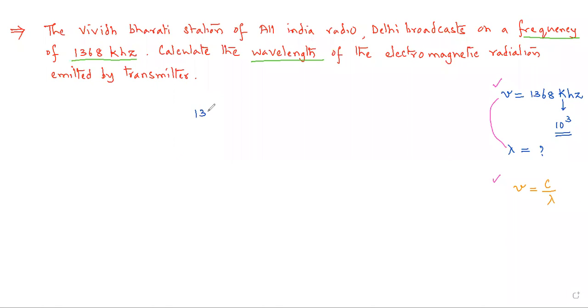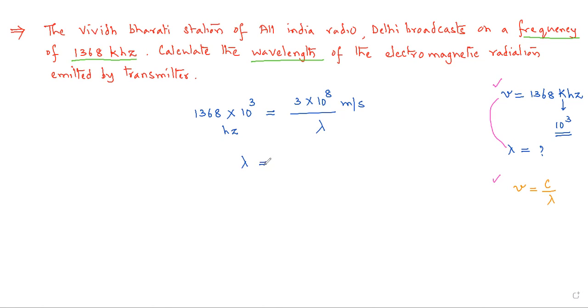Frequency is 1368 into 10 power 3 hertz, and then the velocity of light, let us consider that in meter per second. I gave this yesterday itself: 3 into 10 power 8 meter per second. This is in hertz, and now you are asked to calculate lambda.